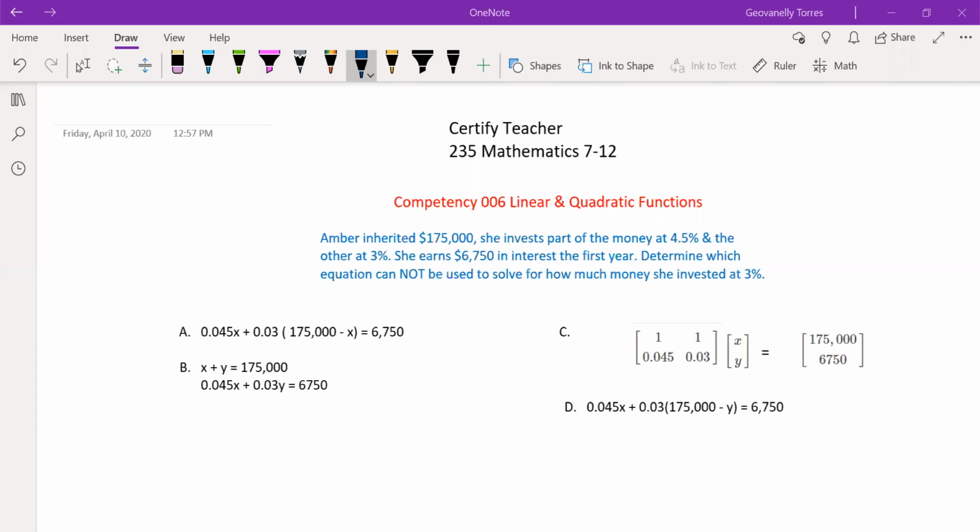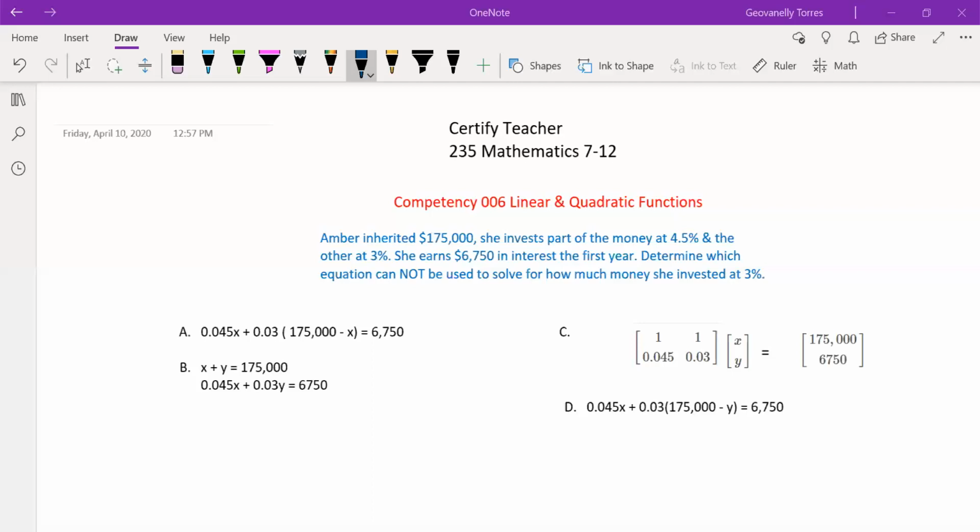So if we look, here are the answer choices. If we look at our answer choice B, we notice that there are two equations. x plus y equals 175,000. And our second equation is 0.045x plus 0.03y equals 6,750.